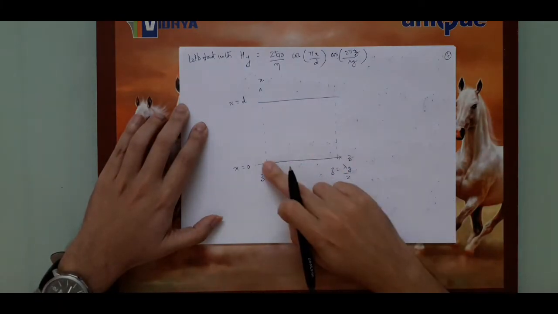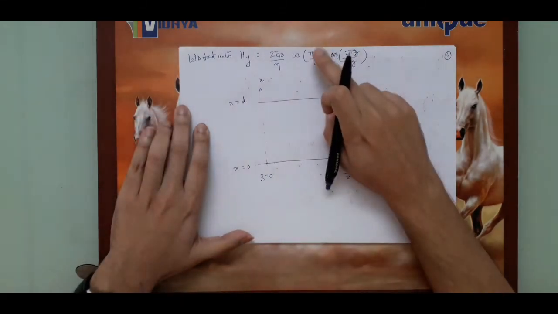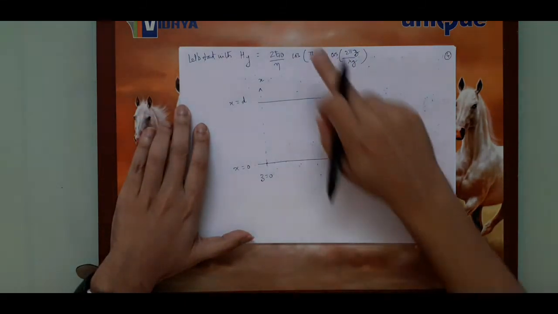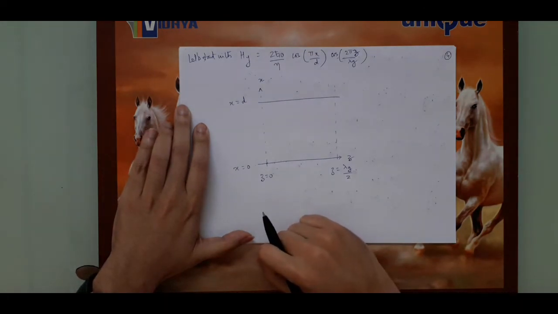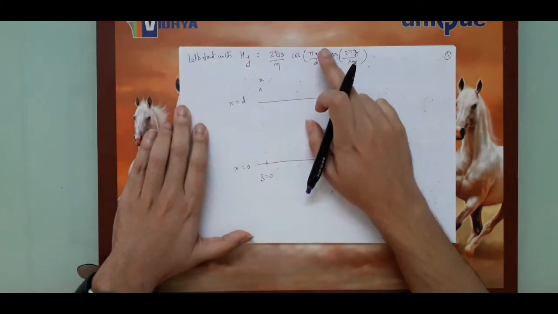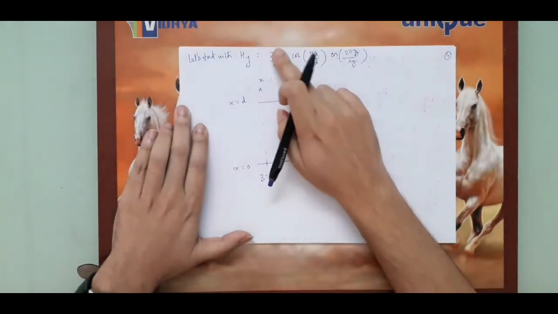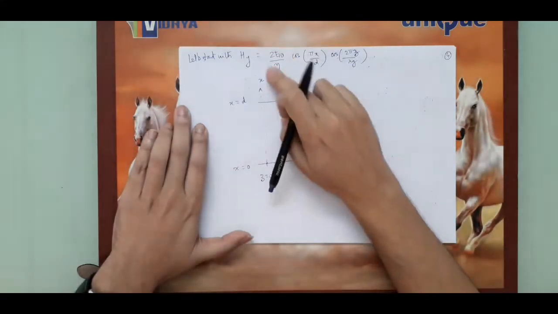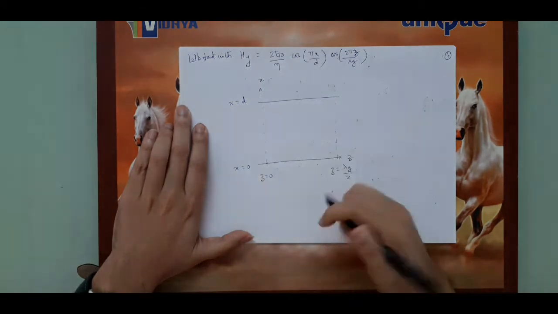So when x is 0, there will be a maximum. When x is 0, the field will become maximum. So that's like saying when x is equal to 0, this cos term will become 1, and E_i0, if it is positive, then effectively the Hy would also be a positive quantity.